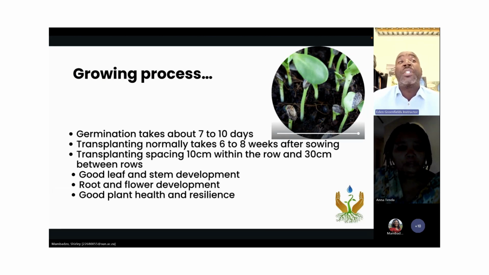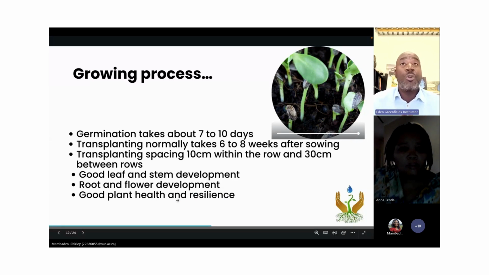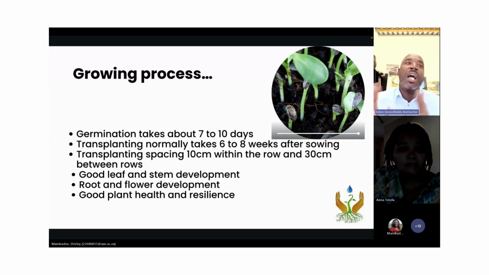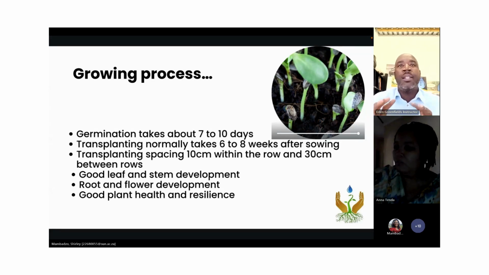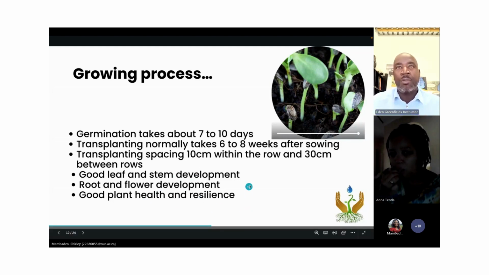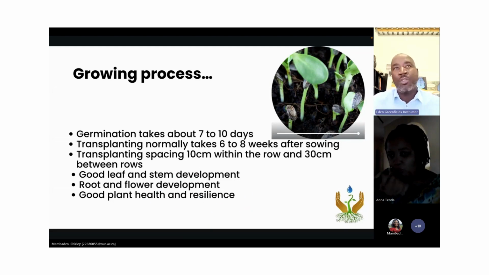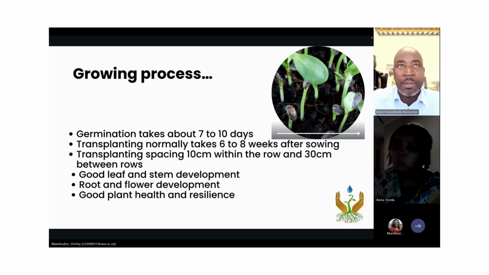And potassium, good plant health and resilience. So in this growing process, when you have applied your fertilizers and manure, these are the things that we want to achieve. Once we have this, then we are assured of having strong and healthy seedlings as well as plants.